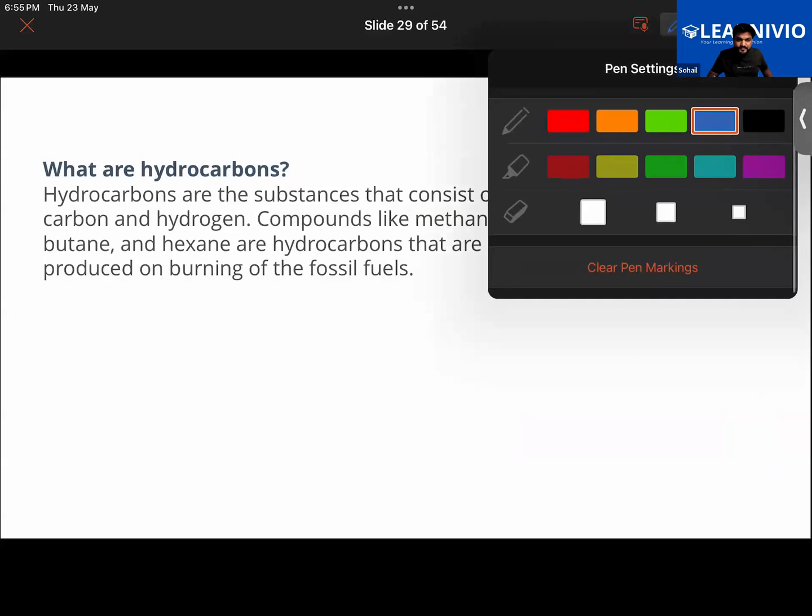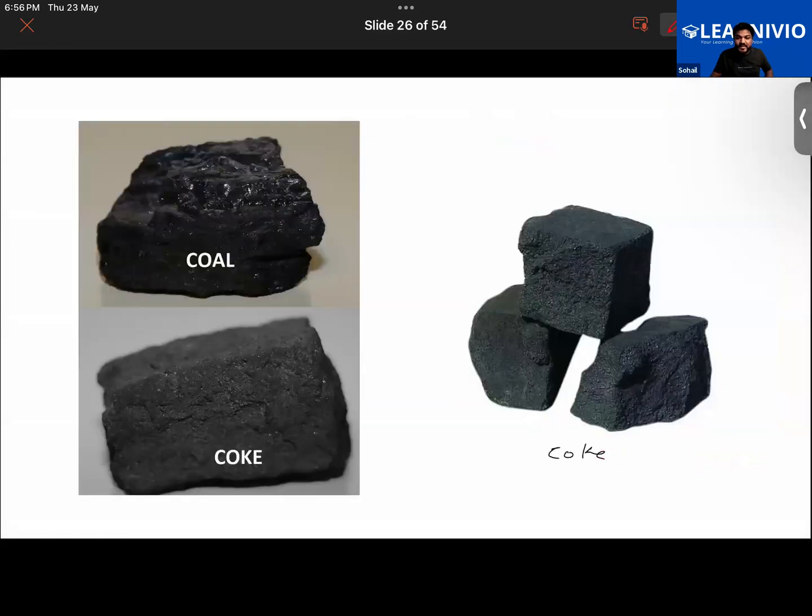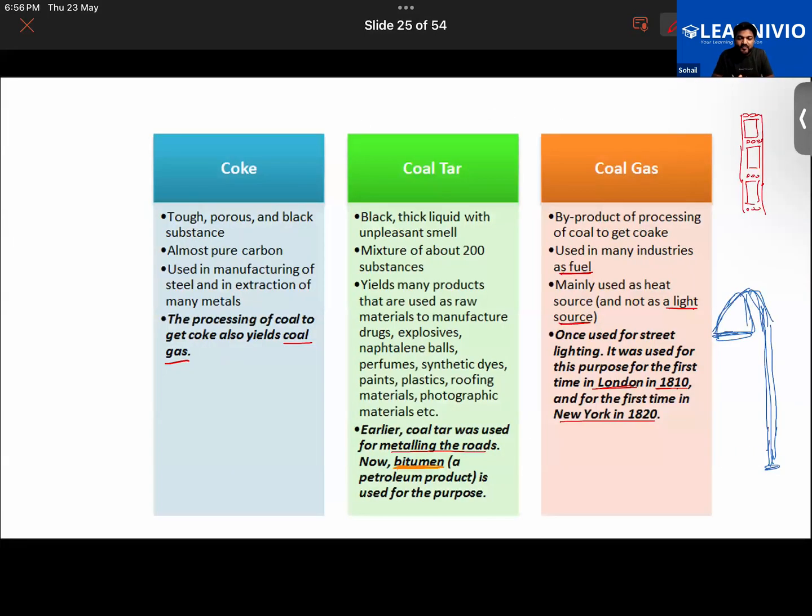Sir, is it not used as lighting anymore? Why do we not use it as lighting anymore? See, the main reason is that nowadays we have got better alternatives. We have CFLs. Even better than CFLs, we have light emitting diodes, that is LED bulbs.